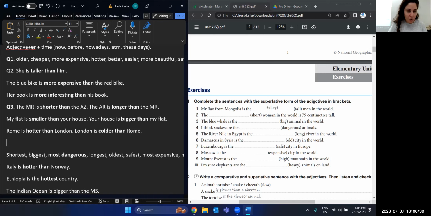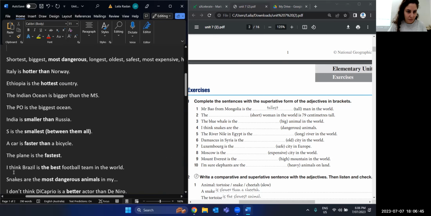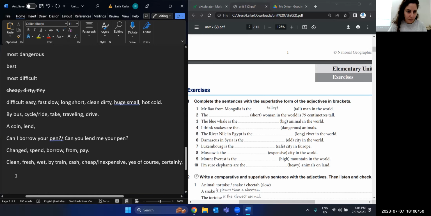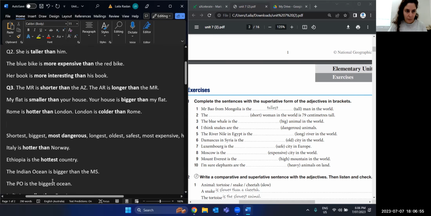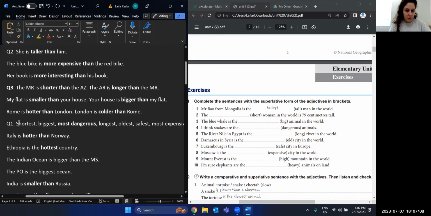So what would number 2 be, Jimin? Number 2, the woman in the world is 79 centimeters tall. Yeah, shortest. Shortest. Number 3, Conrado.